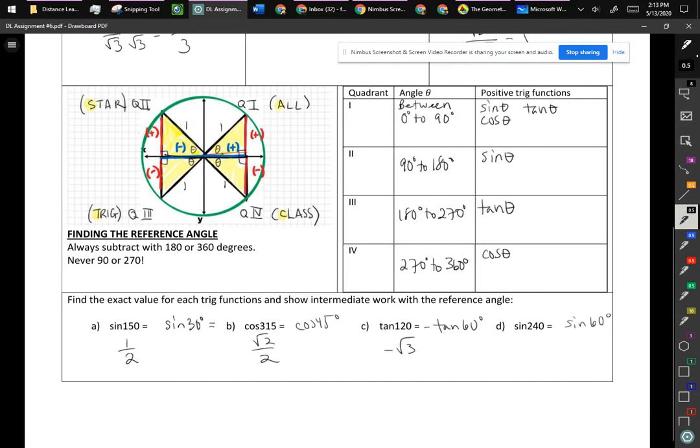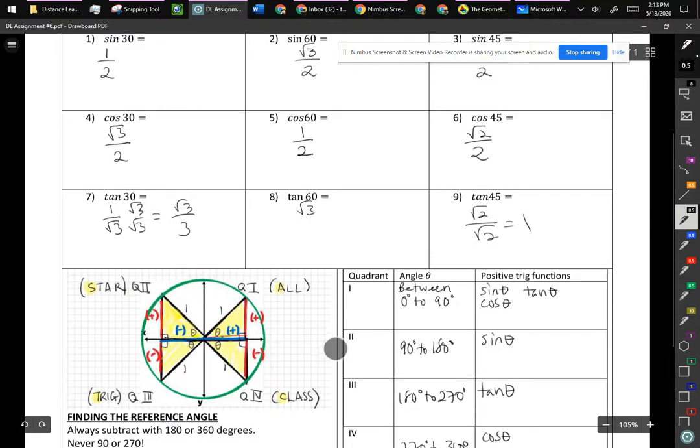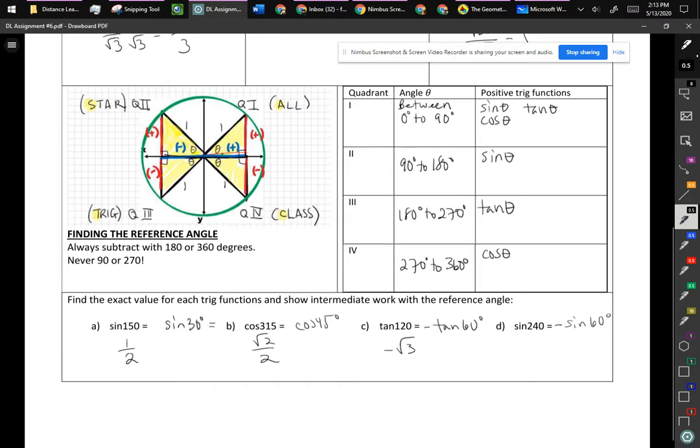However, again, we're in quadrant 3 and only tangent is positive there. So this is going to be negative sine of 60. Sine of 60 is root 3 over 2, but it's going to be negative root 3 over 2.